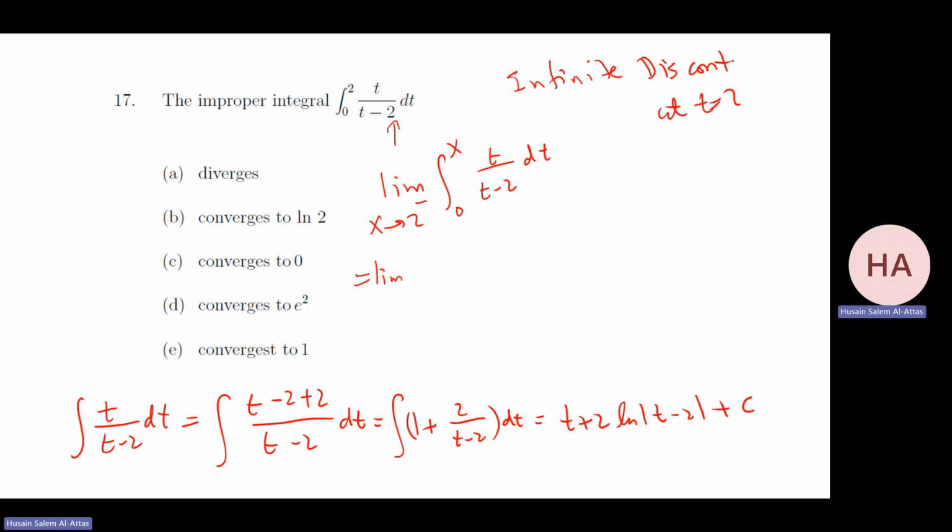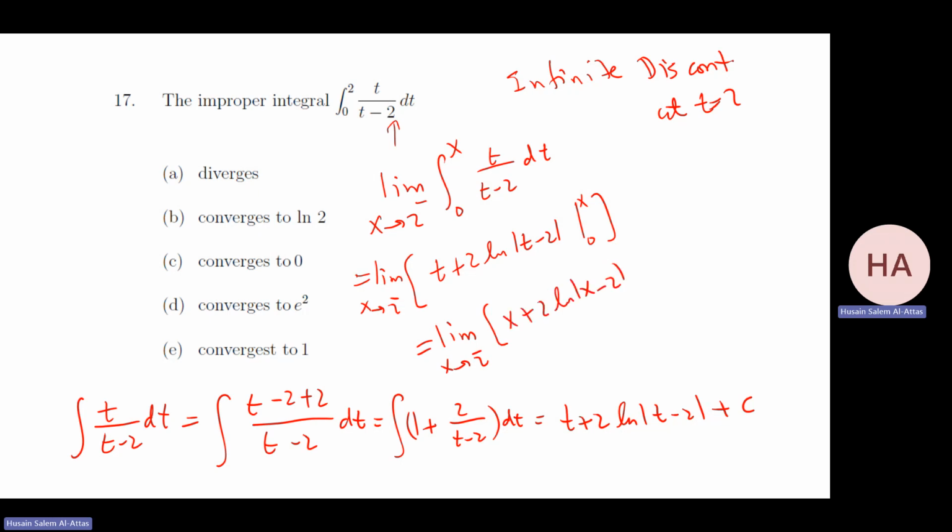So that will be limit as x goes to 2 from the left of t plus 2 ln absolute value t minus 2 from 0 to x. That will be limit as x goes to 2 from the left of x plus 2 ln absolute value x minus 2, minus 0 minus 2 ln 2.